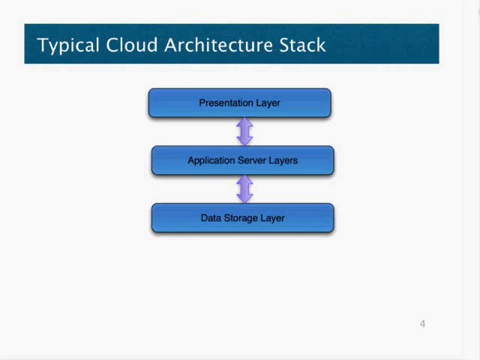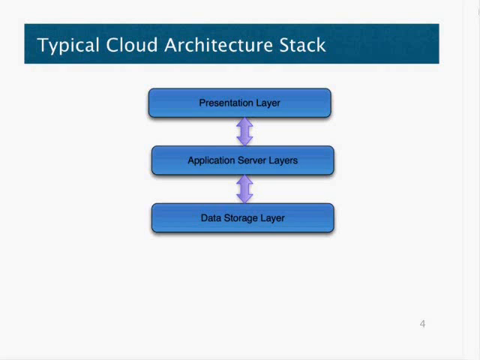There is a tier of application servers, meaning for example, it might be an application server in Java, or it might be a web server, some layer that serves other content. And then underlying this is really the key layer we're going to focus on, which is the data storage layer, because then, of course, all the application responses, all the application output typically is dependent on state, on data that is stored in the data storage layer.